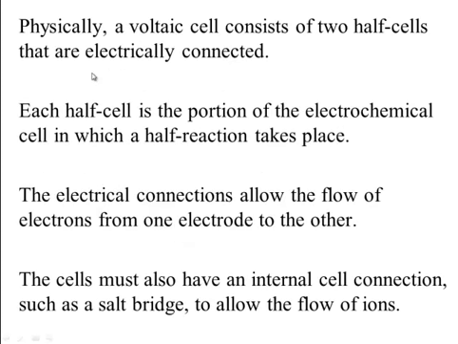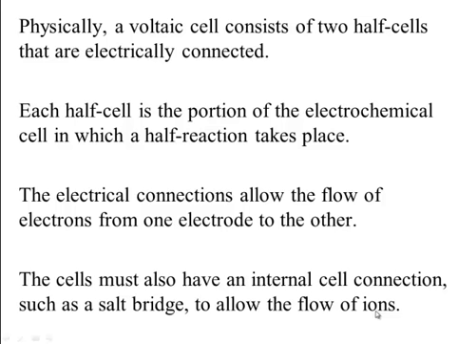Now, any voltaic cell or galvanic cell consists of two half cells. These two half cells are externally connected with the help of a wire in order to allow the flow of electrons from one half cell or one electrode to the other. Whereas the two cells are internally connected using a salt bridge, which allows the flow of ions from one half cell to the other.